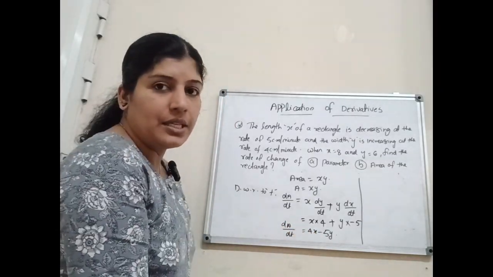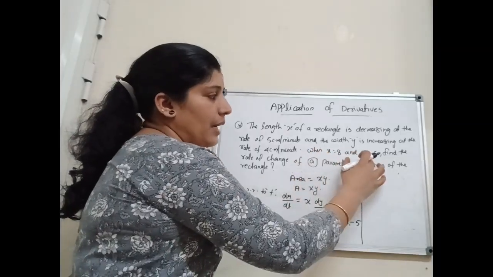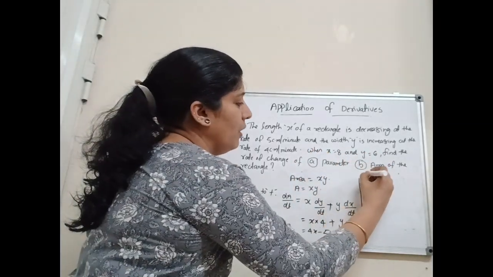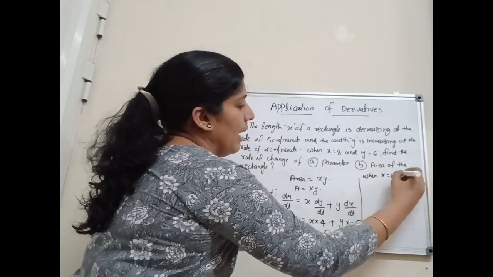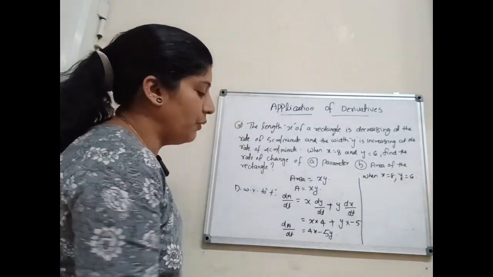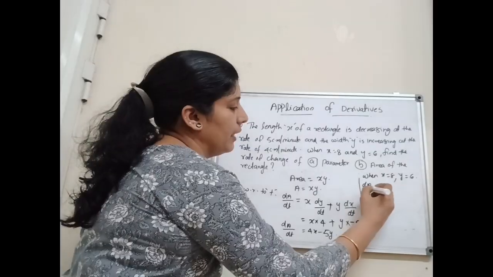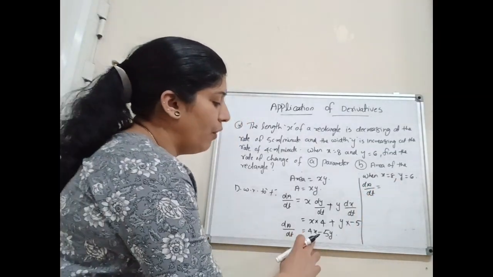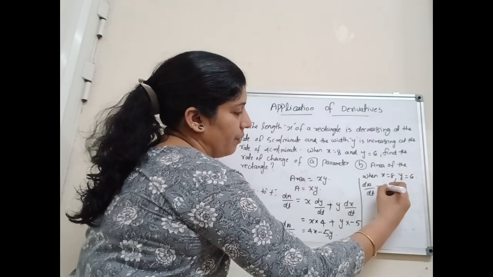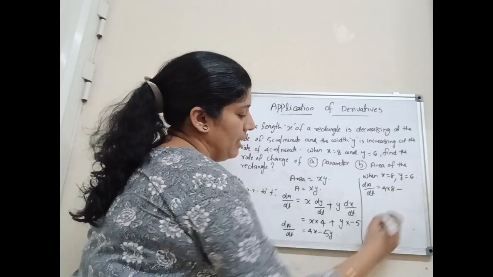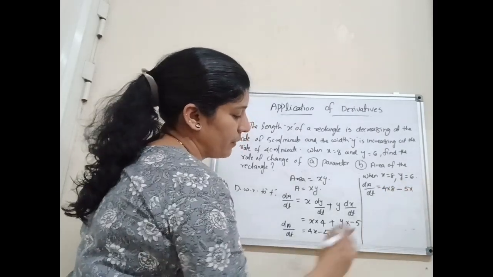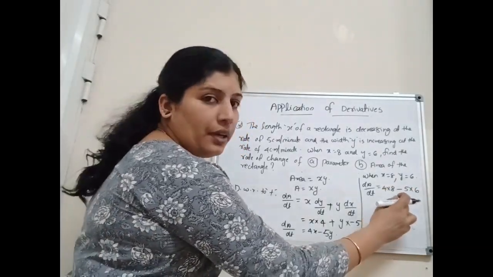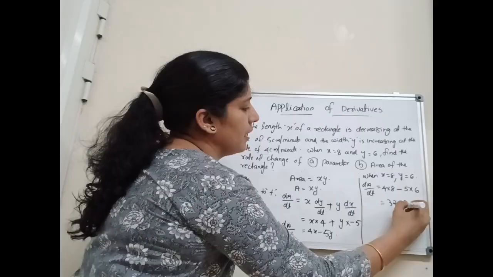Next we have to calculate when x equal to 8, y equal to 6, the rate of change of area, that is dA by dt. It is equal to 4 into 8 minus 5 into 6. That is 4 into 8, that is 32, minus 30 equal to 2.